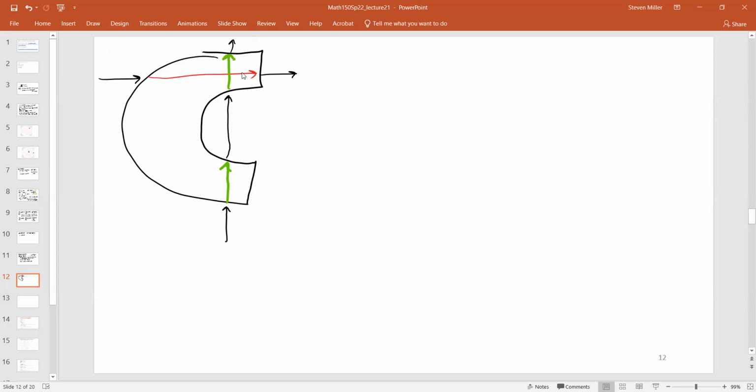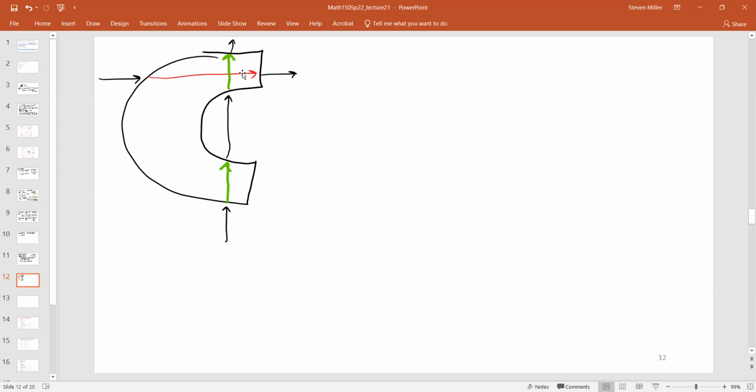So C is not vertically simple. It is horizontally simple. So when you're trying to decide which way to integrate, one possibility is, let me do the integration first fixing y and letting x vary because it's horizontally simple.